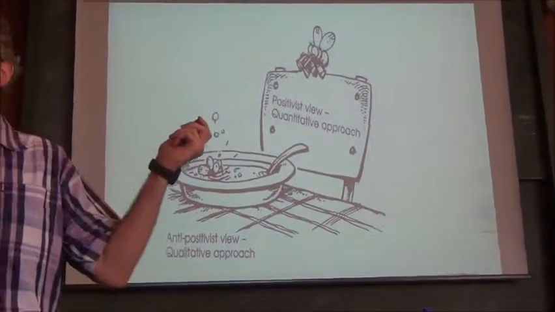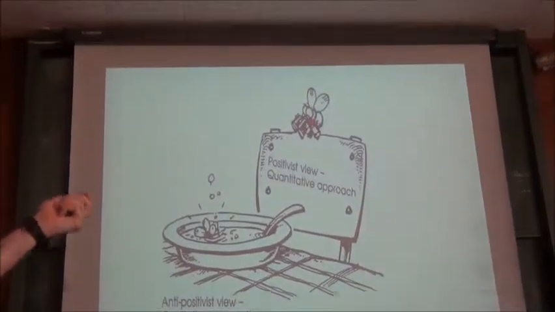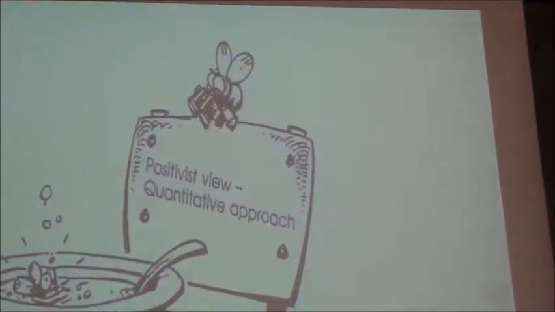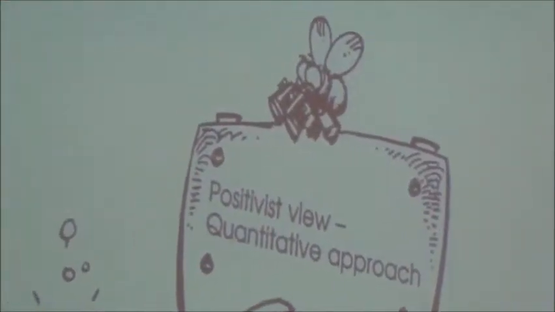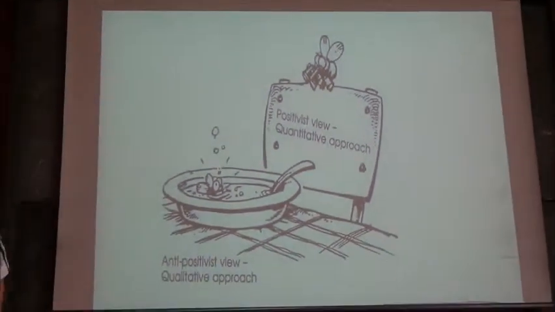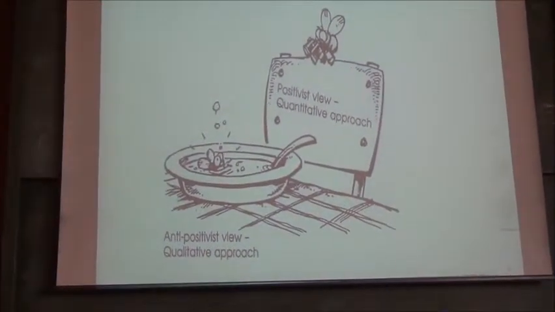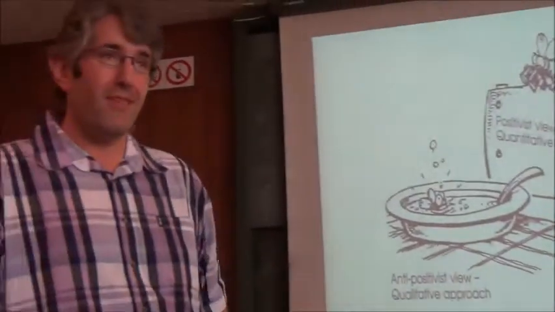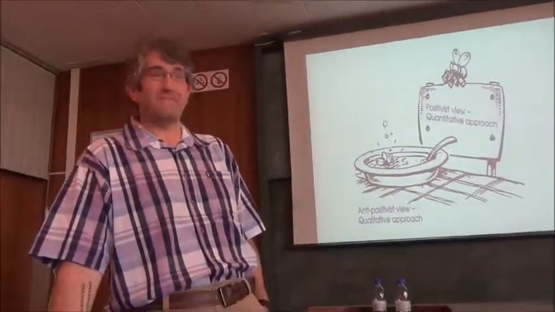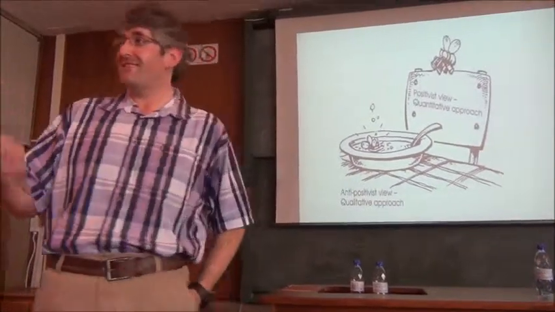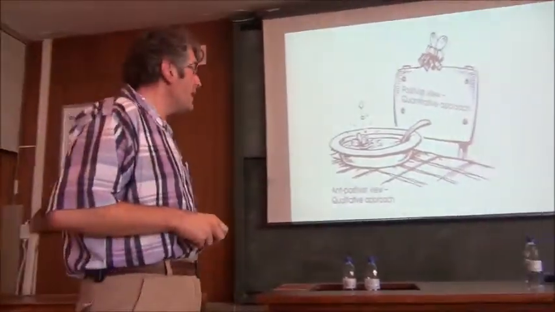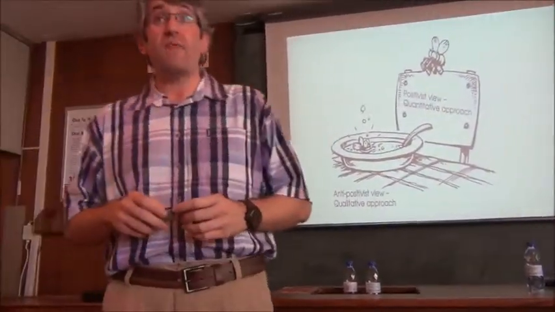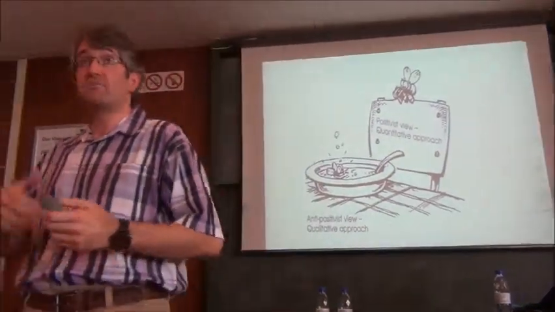But for the positivists, we would rather try and view it from a distance, and there's a particular reason why we would like to view it from a distance, because in our worldview, in the quantitative worldview, we would like to try and be as objective as possible.